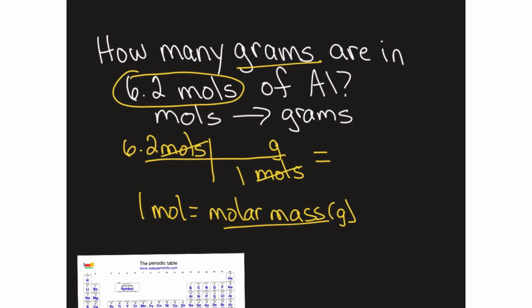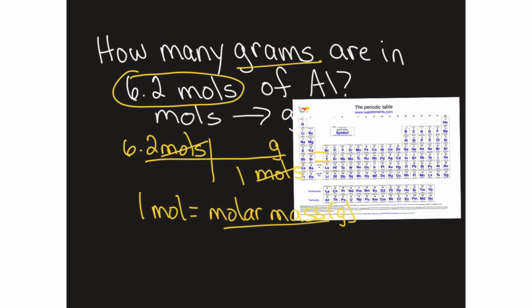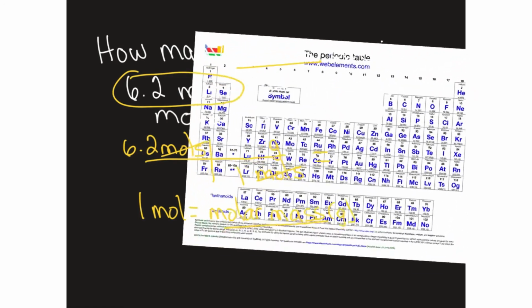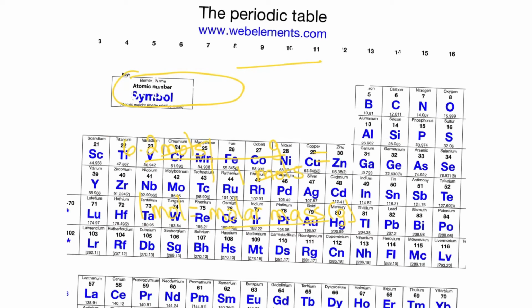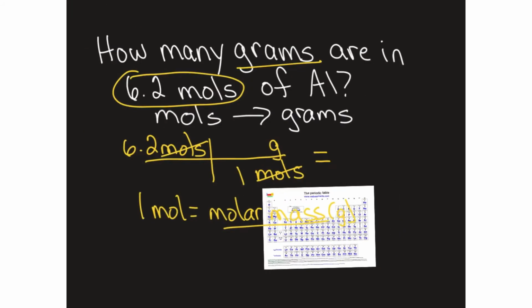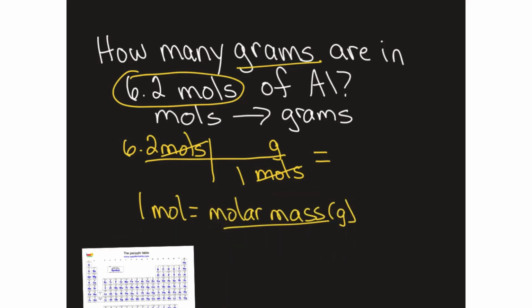The molar mass of aluminum. If we pull up our periodic table and look for the molar mass of aluminum, you will see that it's 26.98. So we pull that from our periodic table and write 26.98 right there. So we have our problem set up.